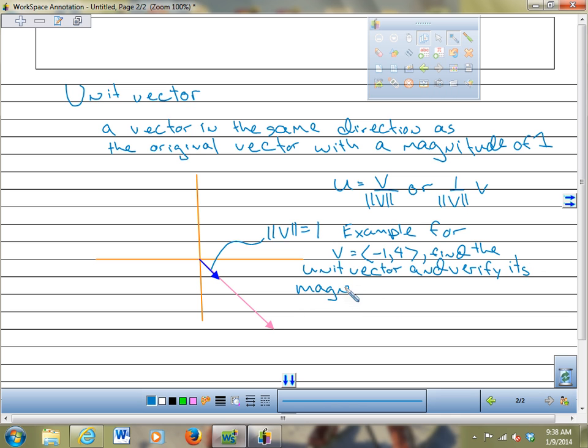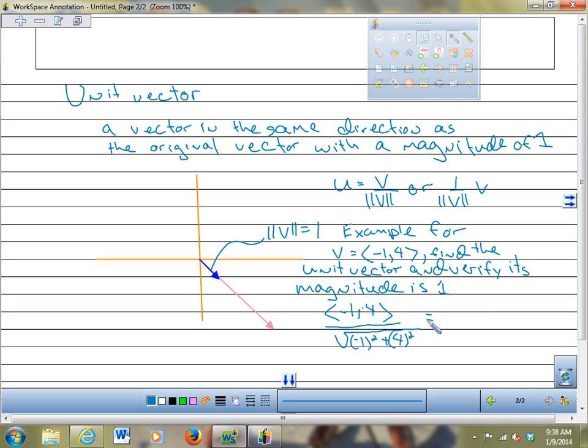whose magnitude is 1. Okay? So all you have to do for that is take the vector negative 1, 4, and divide that vector by the magnitude, which in this case is going to be the square root of negative 1 squared plus 4 squared.